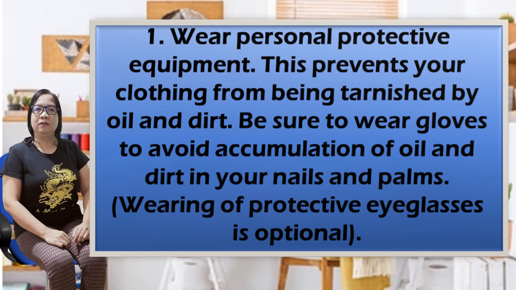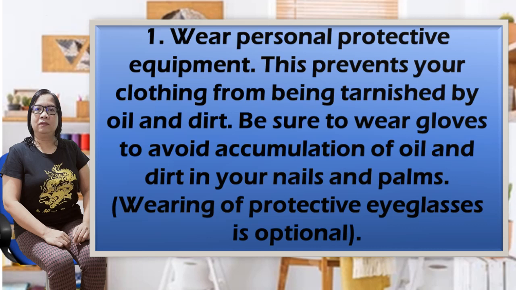Number 1. Wear PPE or personal protective equipment. This prevents your clothing from being tarnished by oil and dirt. Be sure to wear gloves to avoid accumulation of oil and dirt in your nails and palms.